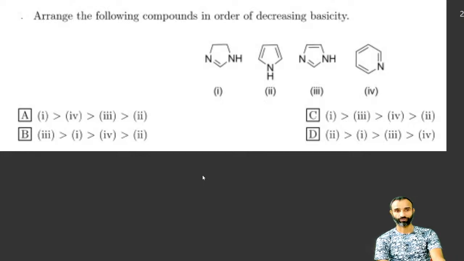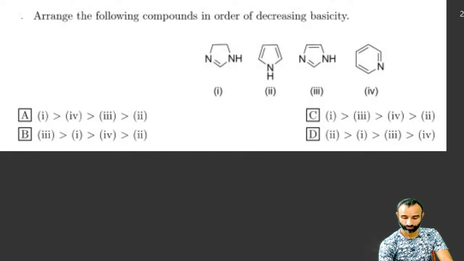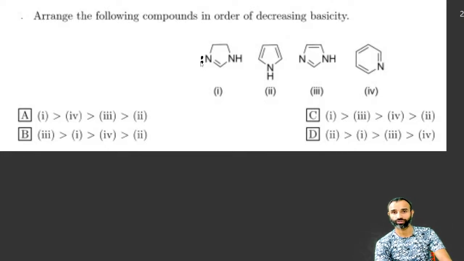So see, in this case, you have this nitrogen with a lone pair. Another nitrogen has a lone pair.